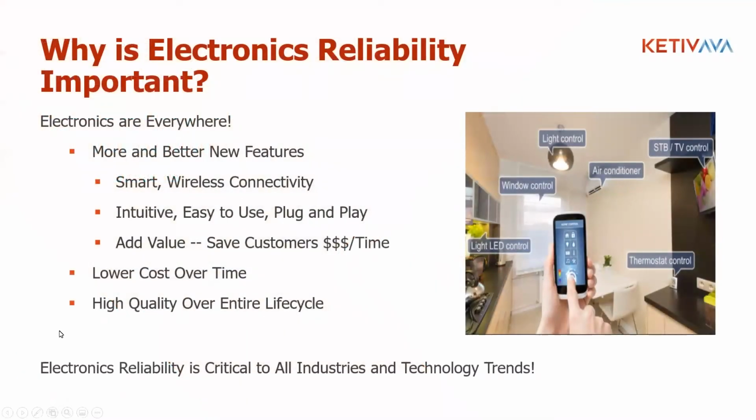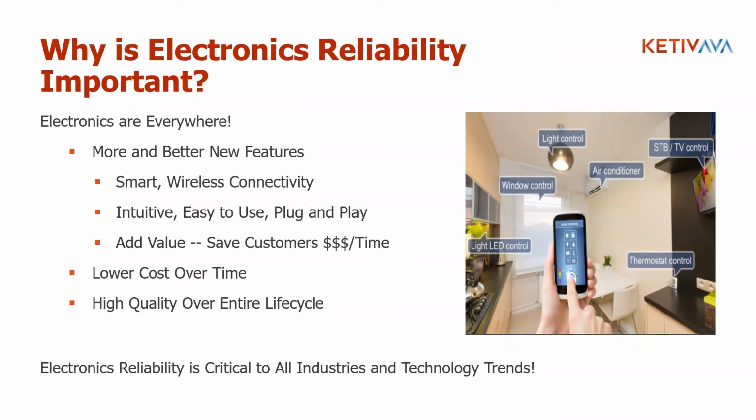So electronics are everywhere. You can see web-based devices. We're seeing automated cars. And as the web becomes more and more a part of our lives, we have smart devices, smart appliances, wireless connectivity. That's all becoming a part of the Internet of Things and affecting how we design products, and also affecting reliability of products.